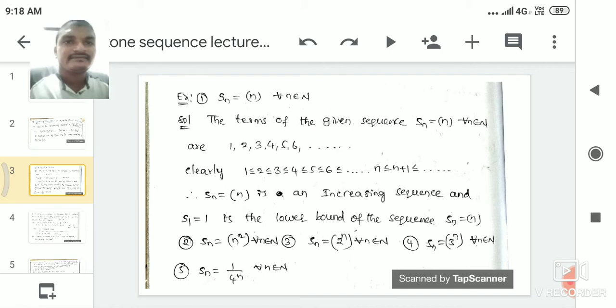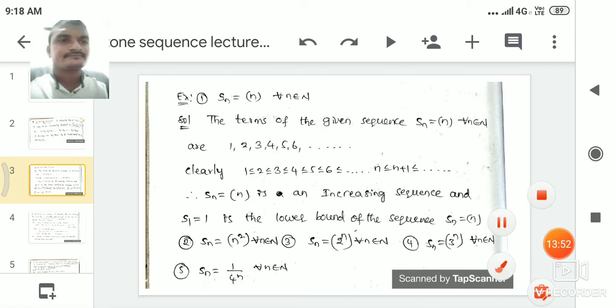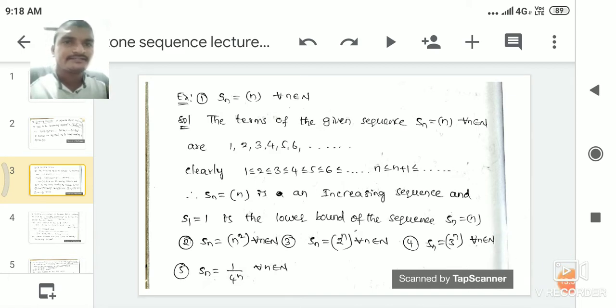Here we take the constant sequence. Here we see Sn is equal to n square for all n belongs to N, which is also a strictly increasing sequence.